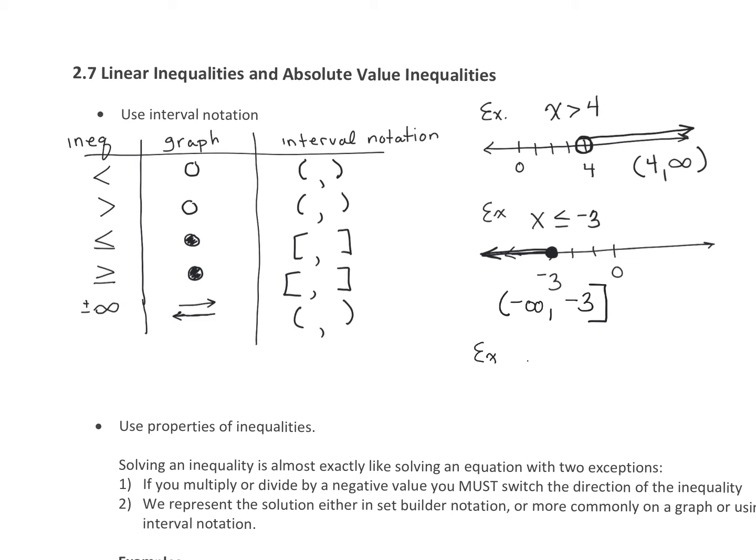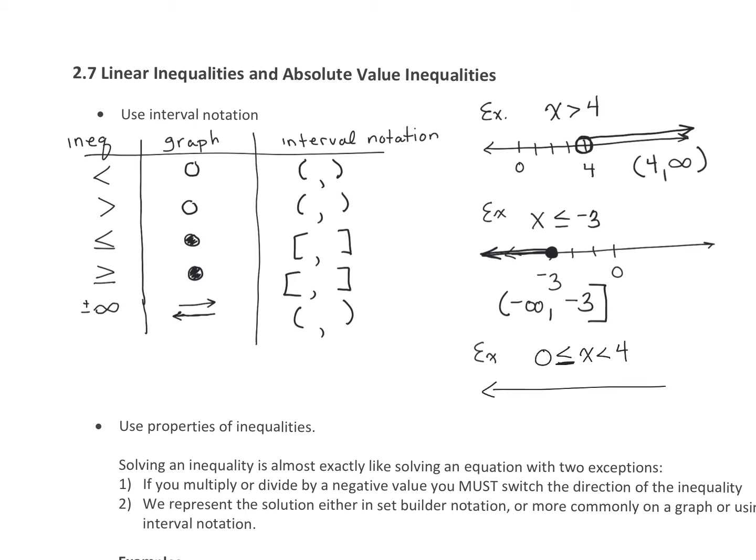One last example. Let's say that I wanted to have x being between 4 and 0. So notice we've got the equal to on the 0, but not on the 4.